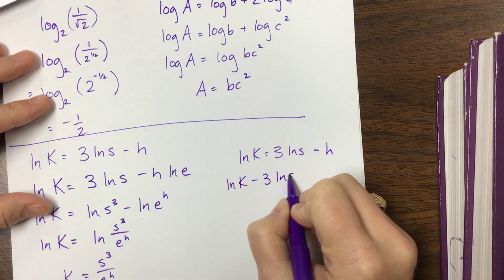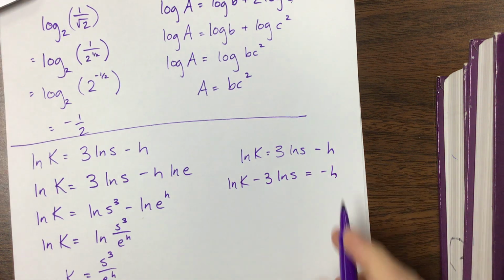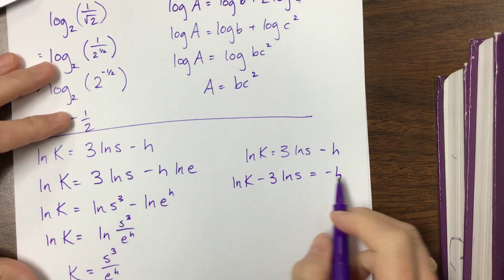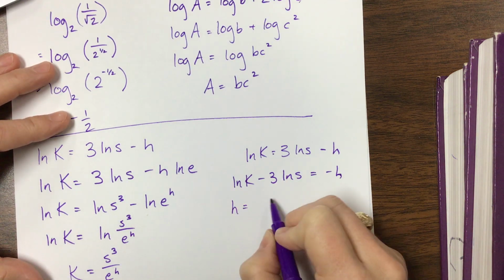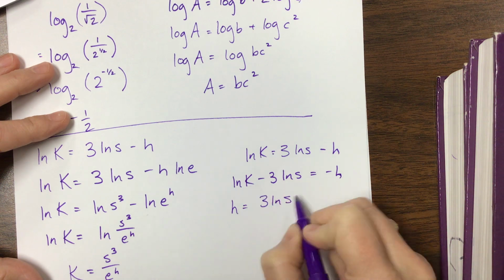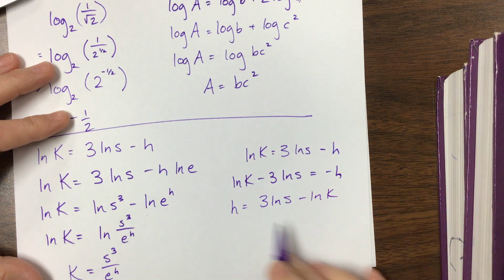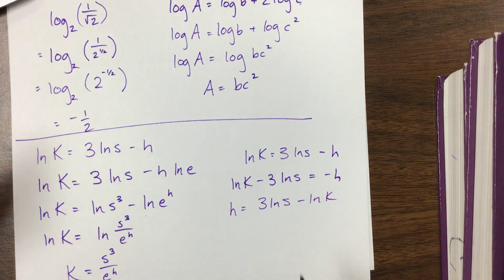The other option would be to say the natural log of K minus 3 times the natural log of S is equal to a negative H. Or I could switch sides, say a positive H is equal to 3 natural log of S minus the natural log of K. I'm moving this to the other side, dividing through by negative and switching the order.